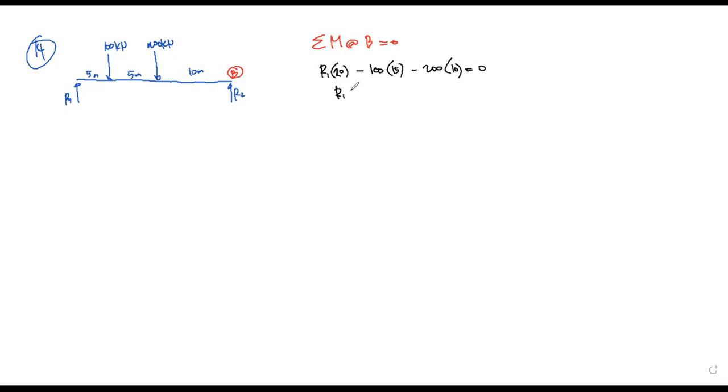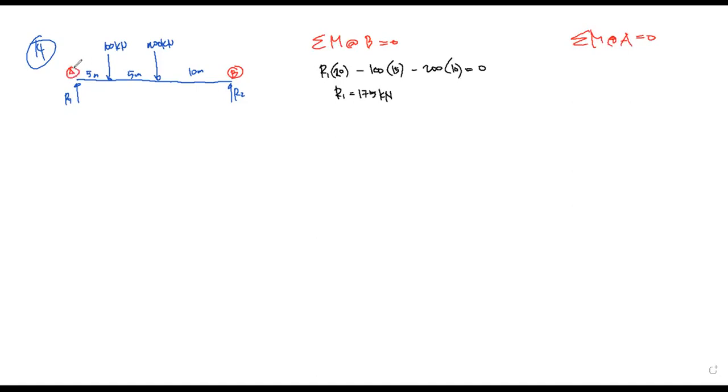So calculating R1, so R1 then is equal to 175 kilonewton.